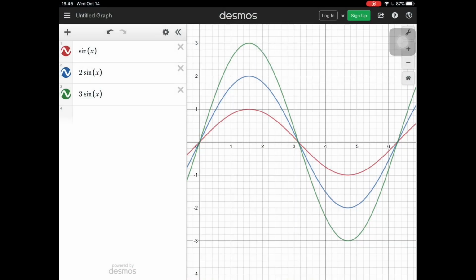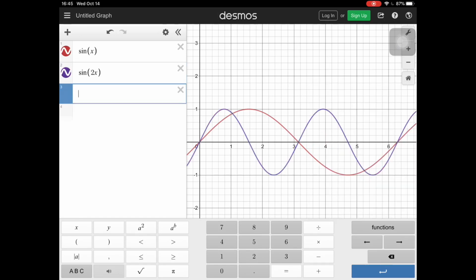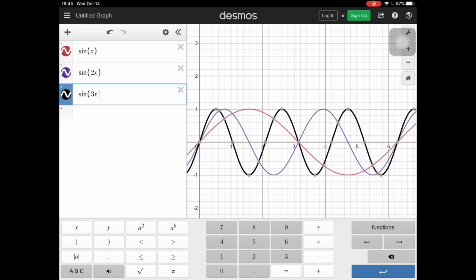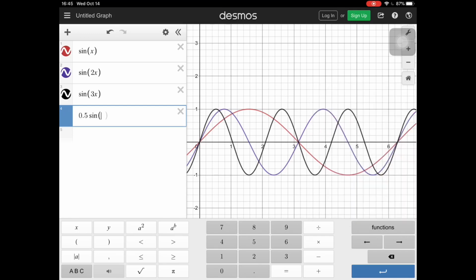So we go to Desmos, we're going to erase this 2, we're going to keep the red one. So now we're going to plot sine of 2x, then sine of 3x, and finally the last one said 0.5 sine of x. I think that's a mistake from the book, but let's do it.